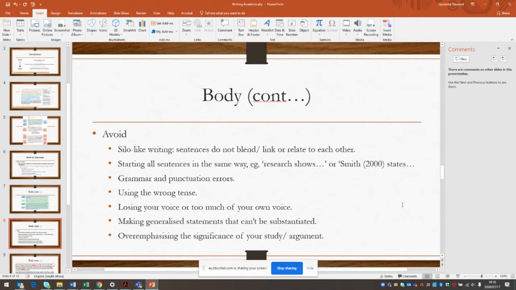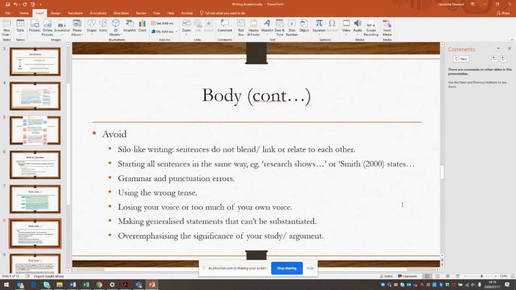Then there's the problem of losing your voice, or too much of your own voice. Yes, these authors have said this, but what is your opinion? That's what I want to know. Smith says this, Jones says that. What is your opinion? At the same time, don't use too much of your own voice.